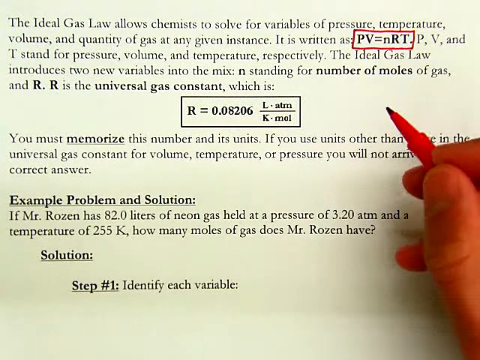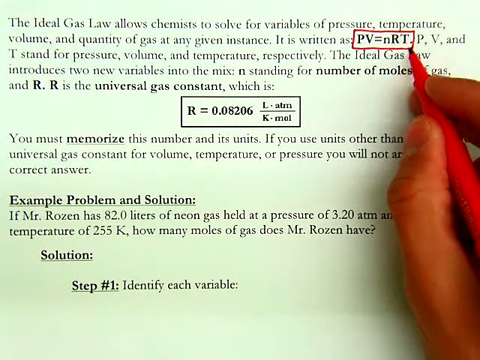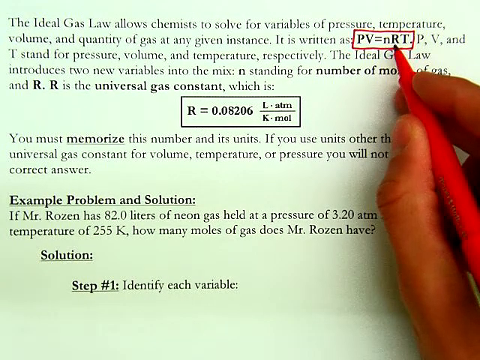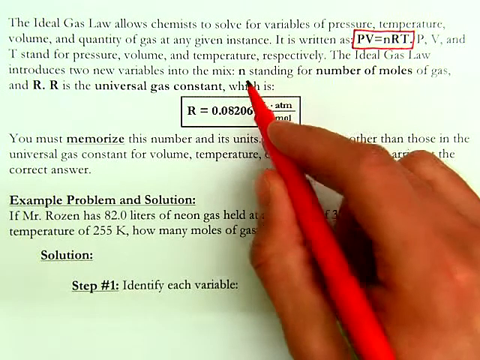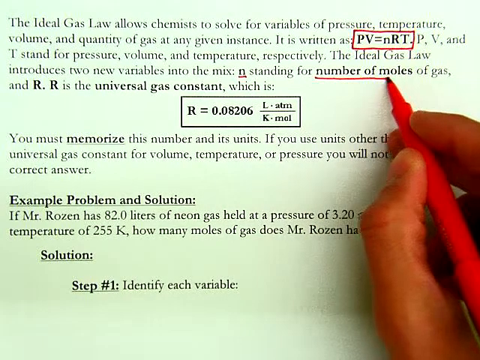You could probably anticipate P is pressure, V is volume, T is temperature. What's maybe new to us is n and R. The lowercase n stands for number of moles.